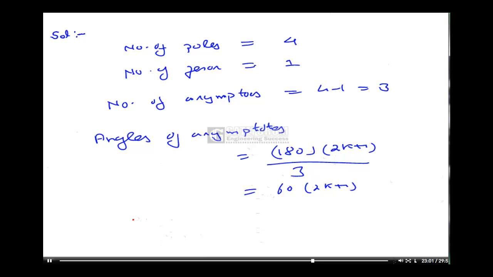So theta is equal to 60 degrees for k equal to 0. Theta equals 180 degrees for k equal to 1. Theta equals 60 into 5, 300 degrees, for k equal to 2. So these are the angles of asymptotes.